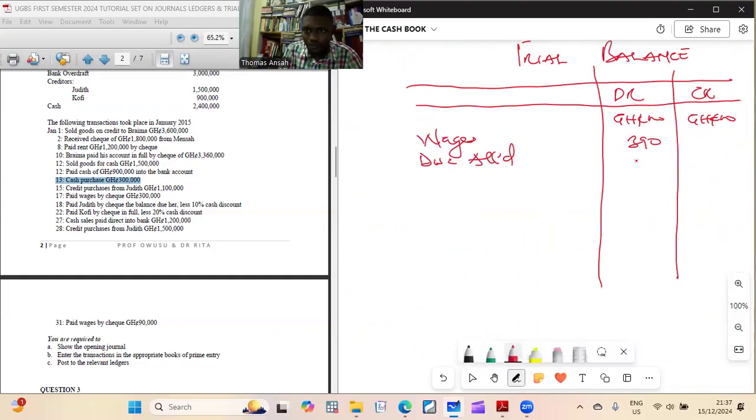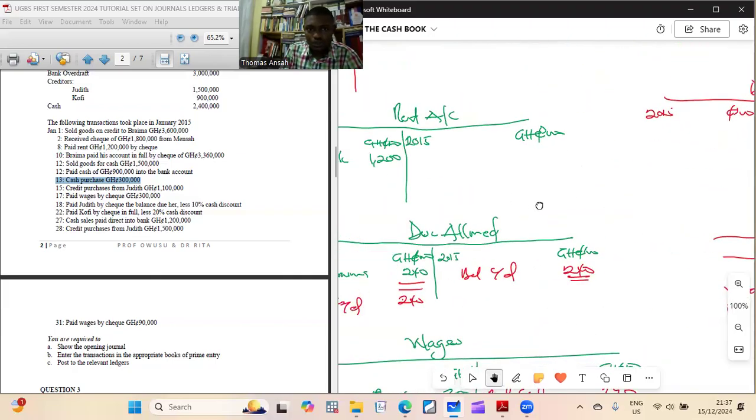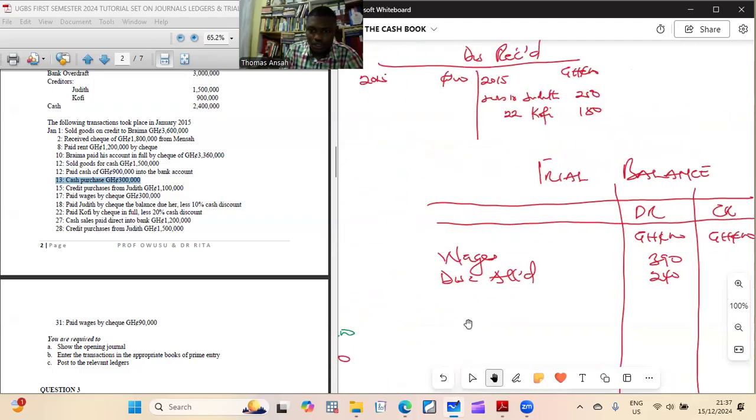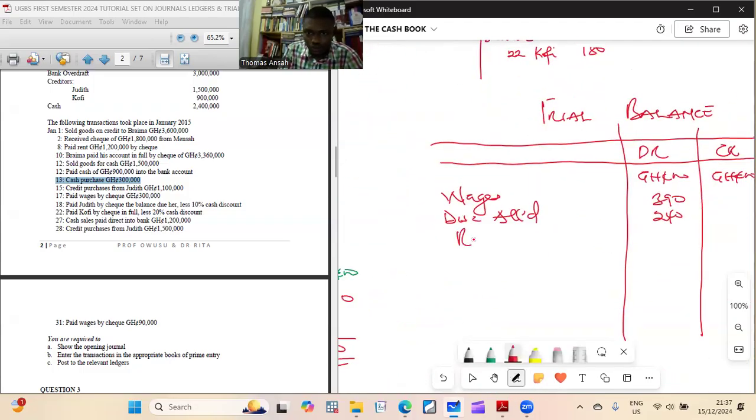Close it out. What account is left to be closed? We have rent. So rent balance carried down is 1,002, which means balance brought down for the next period is 1,002. So that one, rent debit 1,002.